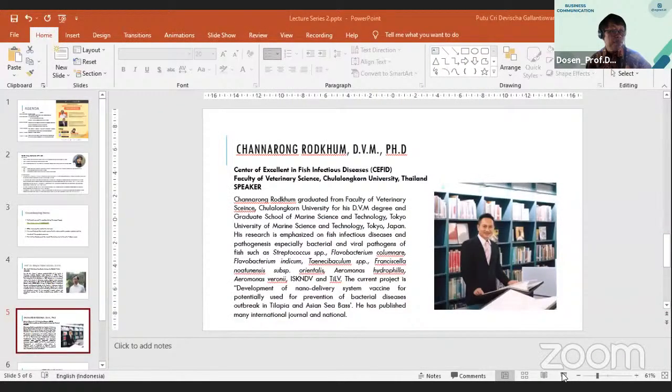And then for the next speaker, we are welcoming our second speaker, Dr. Channarong Rodkhum from Chulalongkorn University. Are you ready, Dr. Channarong?